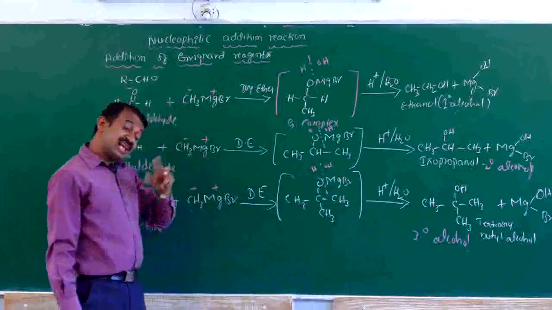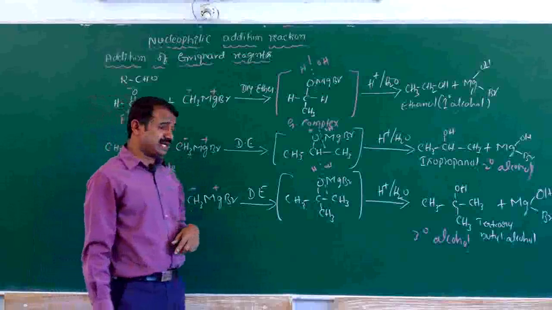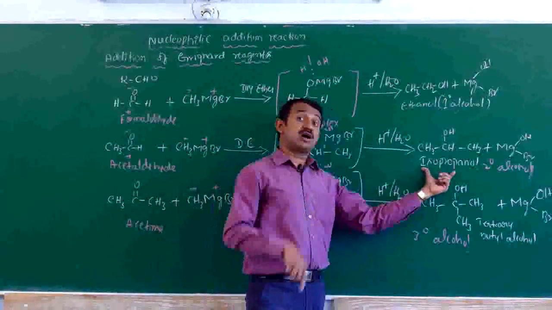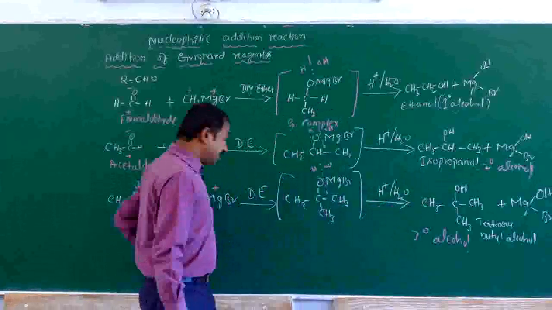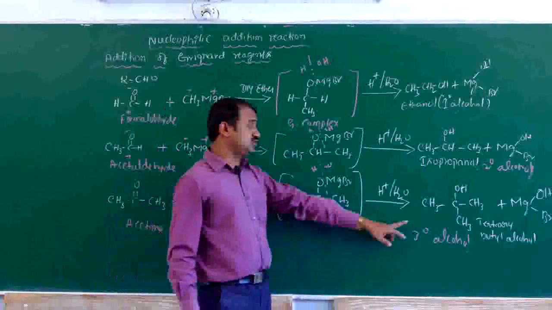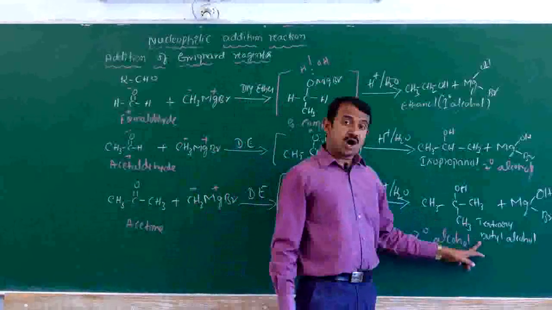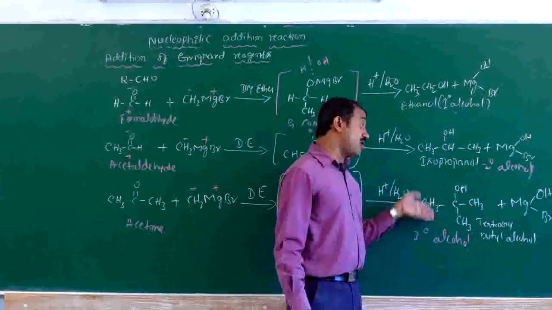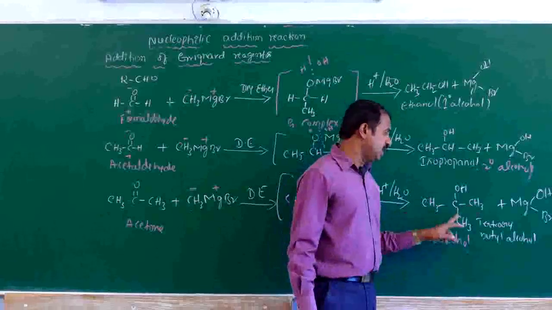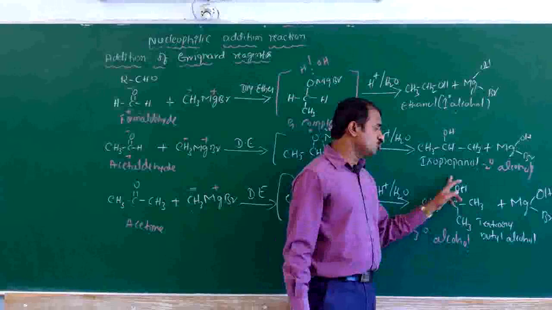When acetaldehyde reacts with methyl magnesium bromide and hydrolysis: isopropanol. Sometimes they will ask the IUPAC name. When acetone reacts with methyl magnesium bromide and hydrolysis: tertiary butyl alcohol. In entrance examinations they will ask the IUPAC name, which is 2-methylpropan-2-ol.